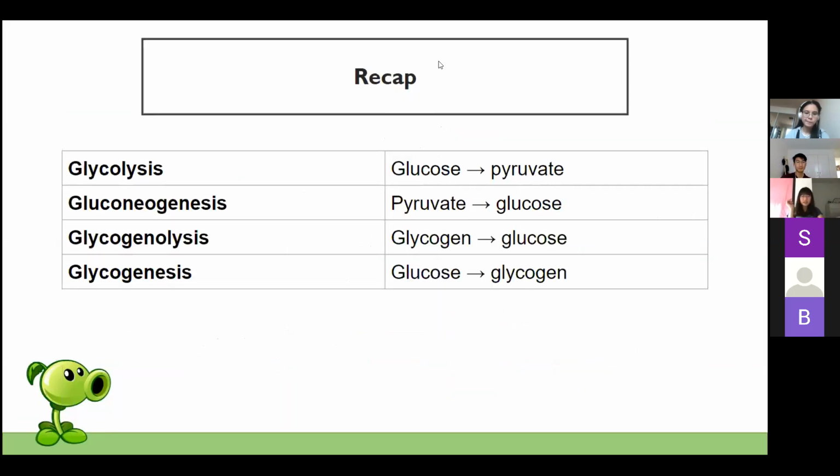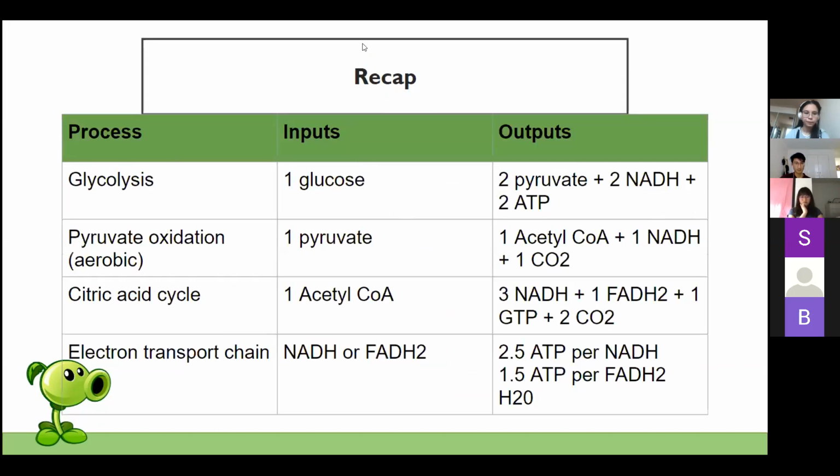Pyruvate is kind of the intermediate part between glycogen and glucose. So if we go here, before this we should have glucose. What's the word where you convert glycogen to glucose?